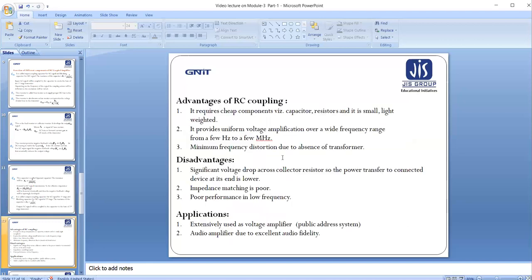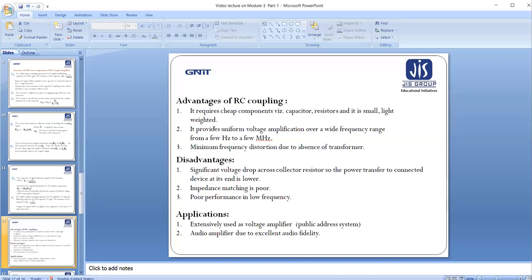Now the advantages of the RC coupled amplifier: it requires cheap components, that is capacitors and resistors. It is small and lightweight. It provides uniform voltage amplification over a wide frequency range from a few hertz to a few megahertz. Minimum frequency distortion due to absence of transformer.